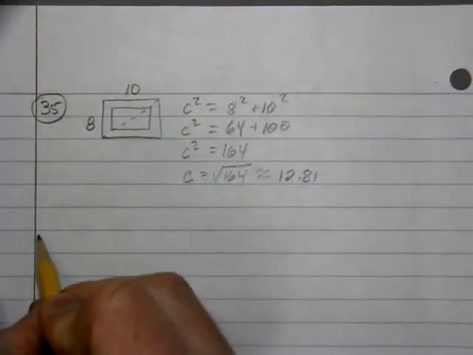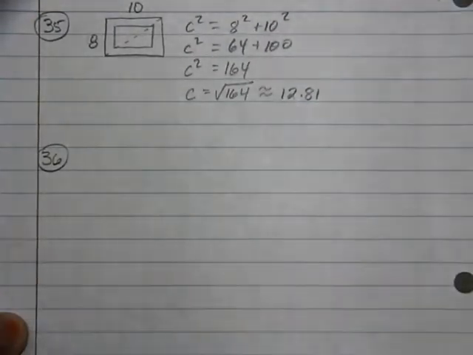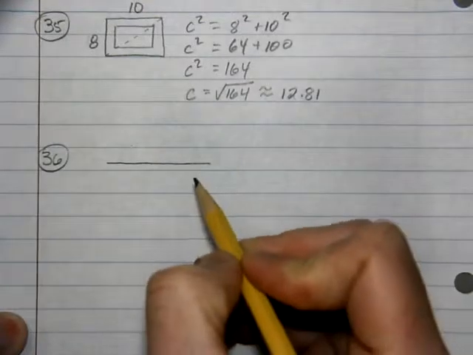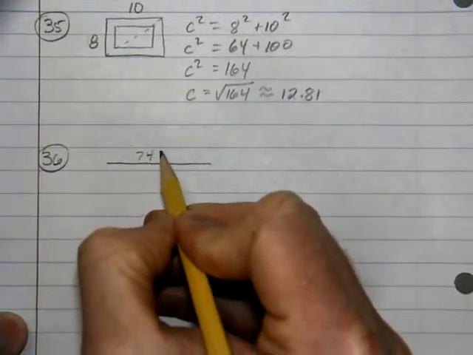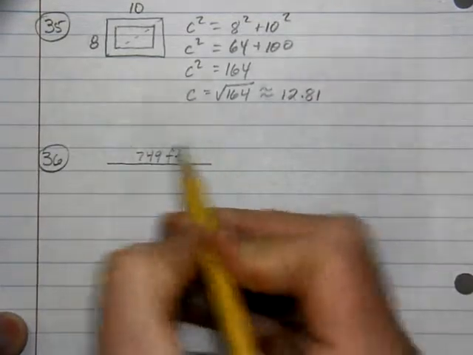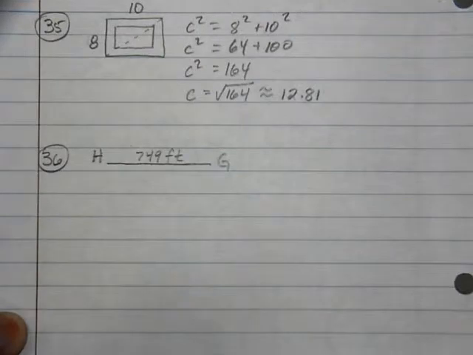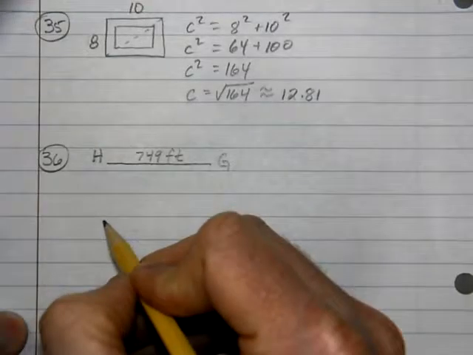On the last question, number 36, we're going to walk 749 feet from home to the gym. Then from the gym, you're going to walk 800 feet to the library.